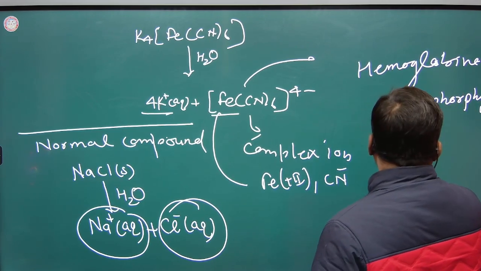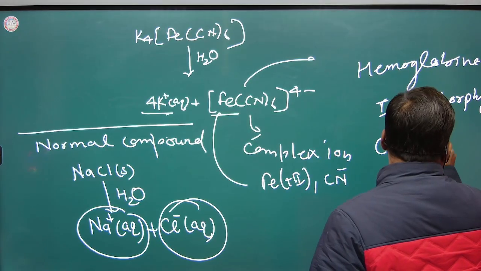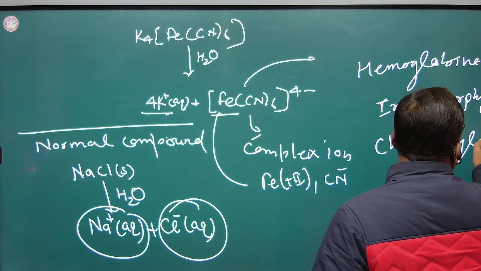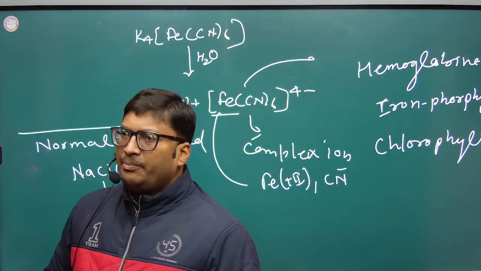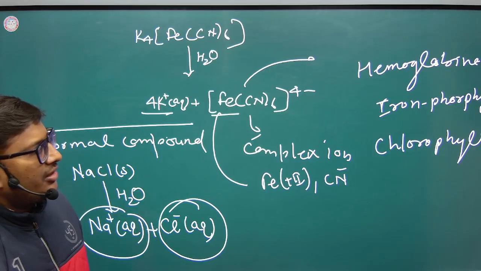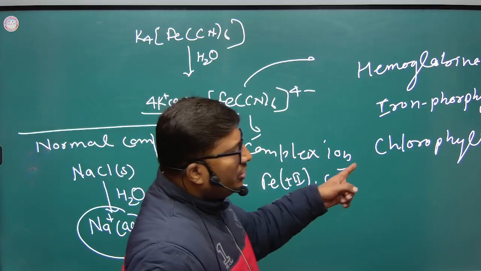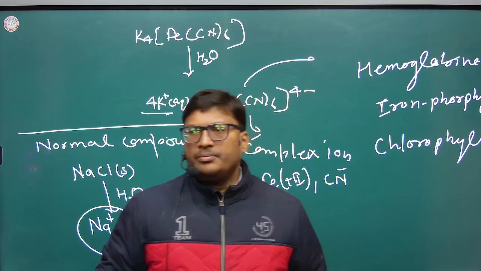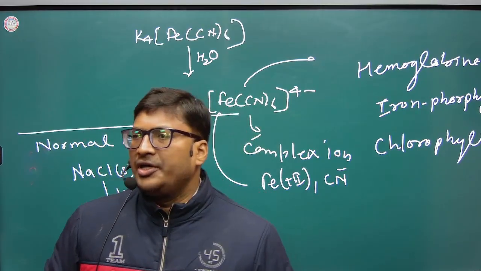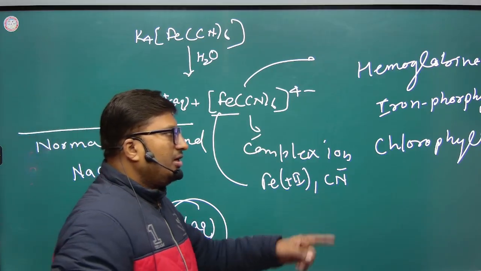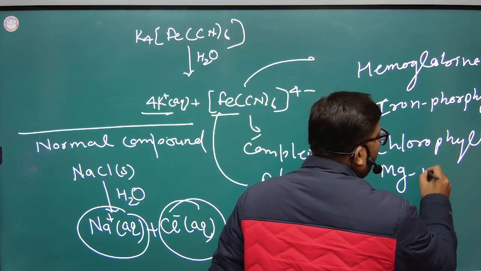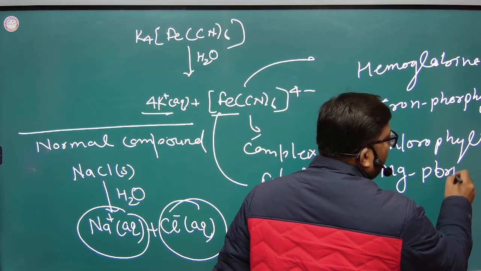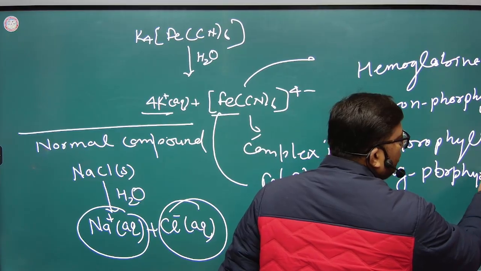And chlorophyll. Because of chlorophyll, all the plants appear green, and it is used to carry out photosynthesis in the green plant. This is also a magnesium porphyrin complex.